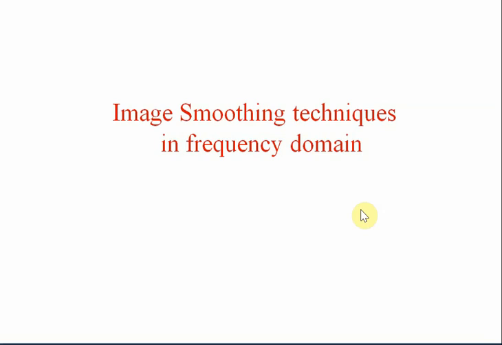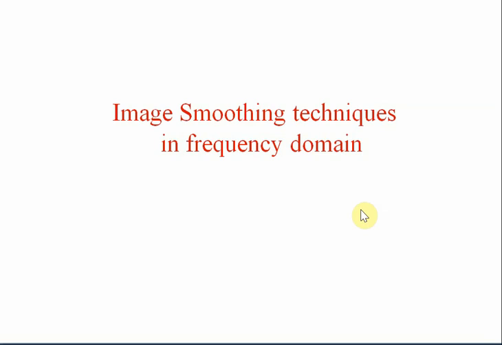So image smoothing means you remove the noise which occurs due to sudden transitions in intensity values, and hence you get the image smoothing, so that it may appear like a blurred image. Now here are the different low pass filters to do this image smoothing in the frequency domain.